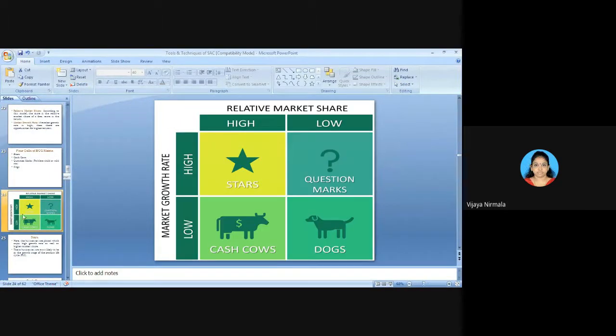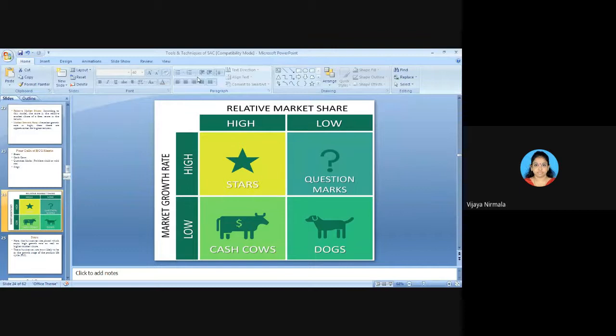Now let us see. You can see this diagram. With this, it will be easily understandable. What are the two things? One is relative market share, and the other is market growth. And it is classified into high and low. That we have already discussed.